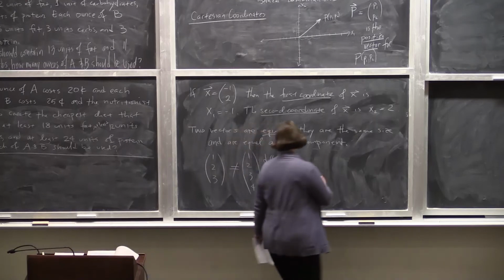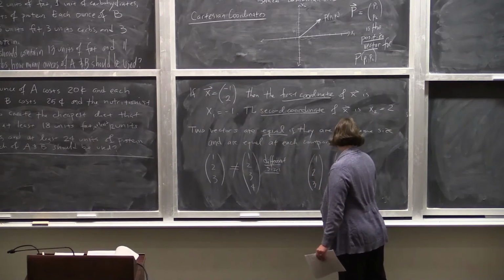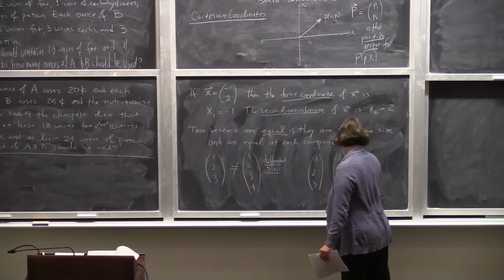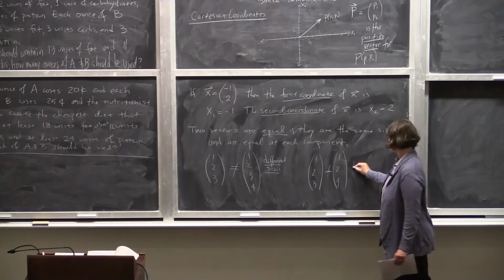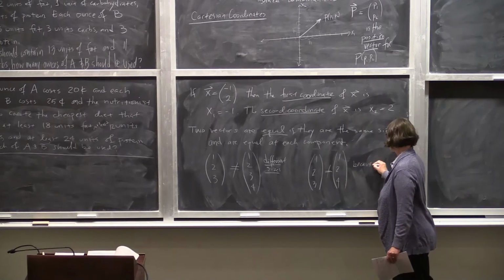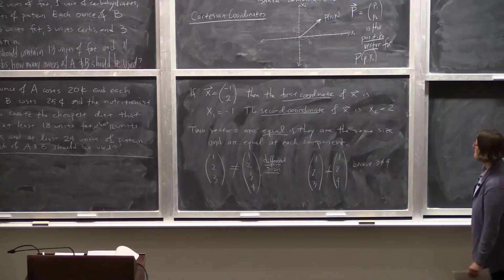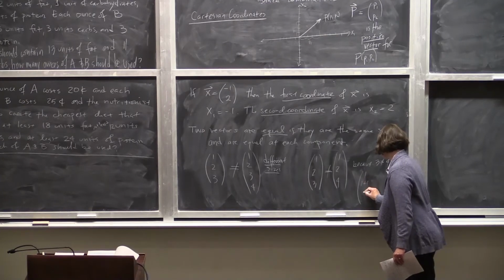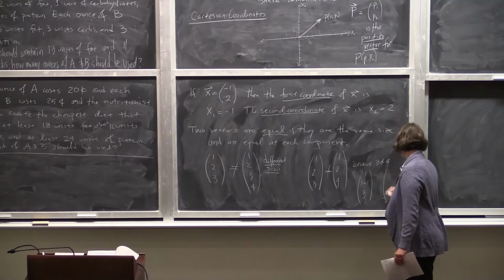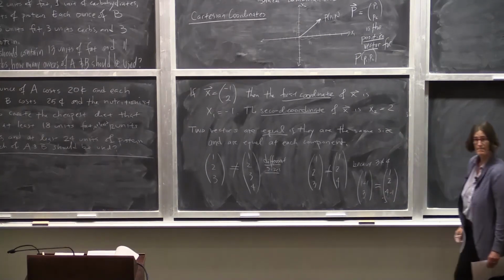And these two vectors, 1, 2, 3 and 1, 2, 4, are not equal because 3 does not equal 4. These vectors are equal: 1, 1 plus 1, 3 and 1, 2, 4 minus 1. Those vectors are equal.